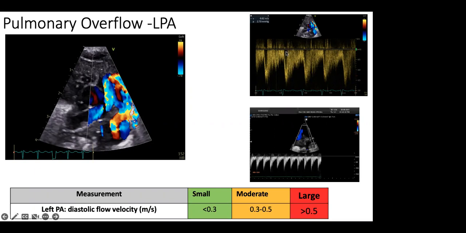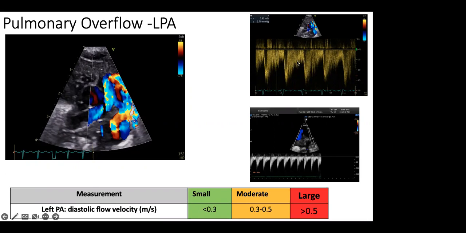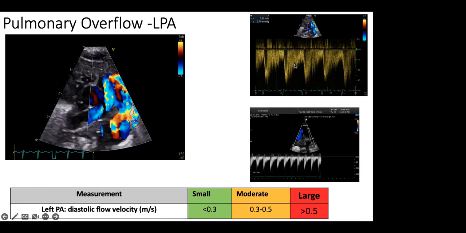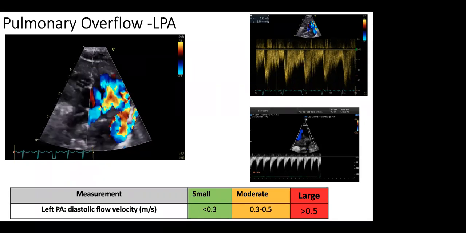Normally, if there's no duct, when you measure the pulmonary artery, it should come back to the baseline and should not have this diastolic tail. And if I measure end diastolic in my practice, I was just wondering, for the number, what flow. You mean that when you talk about small, less than 0.3 end diastolic flow? Yes. Okay, that's what I do.